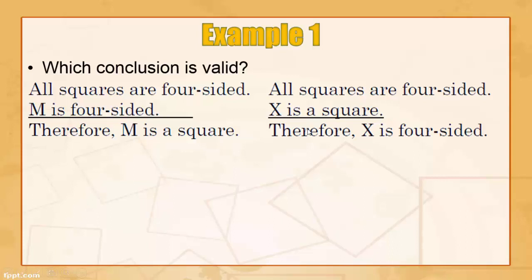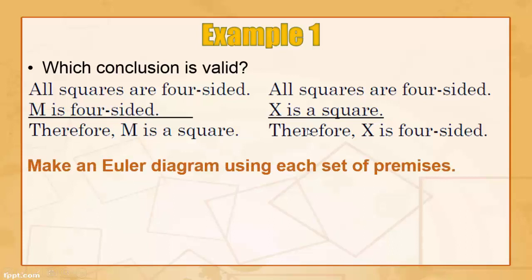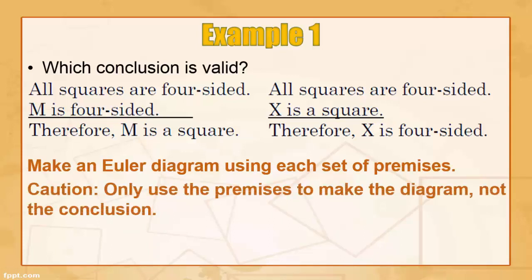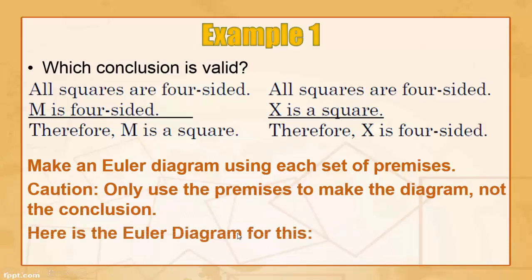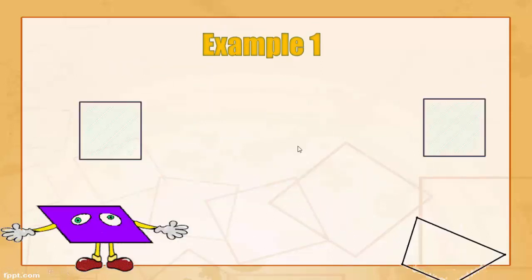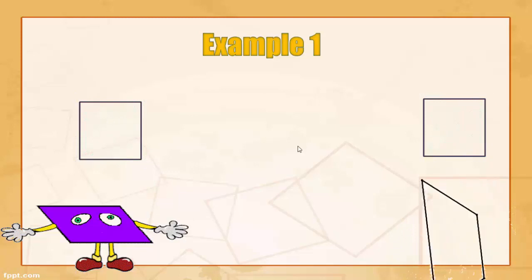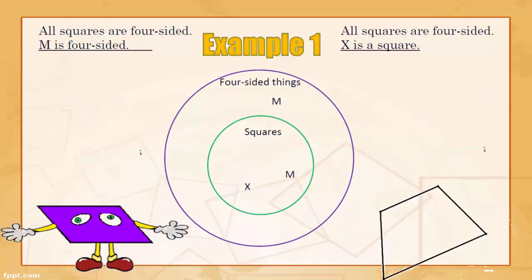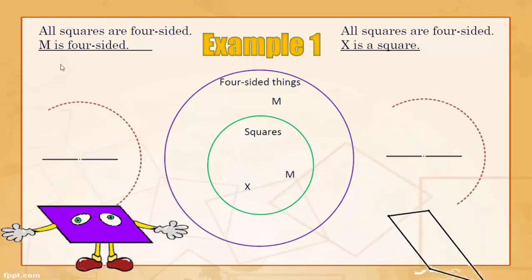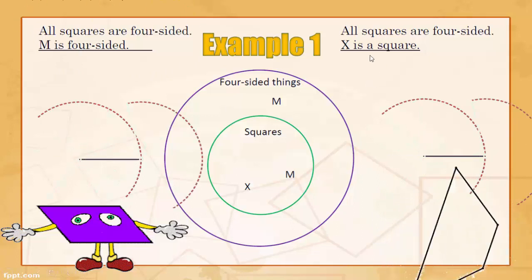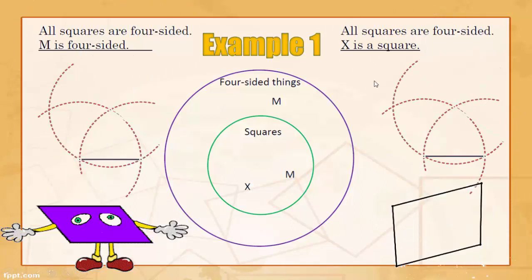So let's try this. Now remember, we only use the premises to make the diagram, not the conclusion. So here we draw our Euler diagram, and here we have our two arguments with their premises.